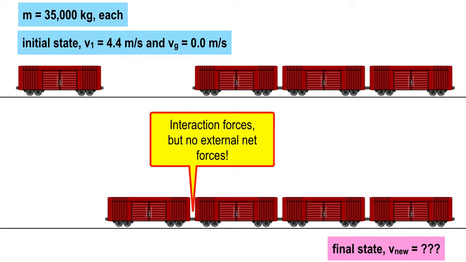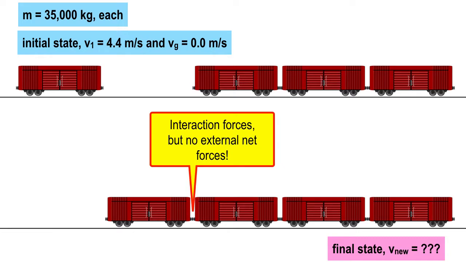That's a good size for the mass of a boxcar. So the initial conditions are 4.4 meters per second for boxcar 1, and 0.0 meters per second for the string of three. Now they're going to connect together.